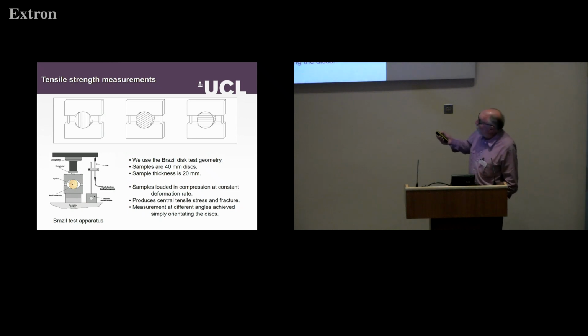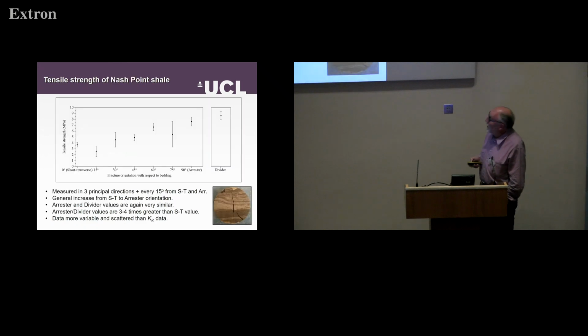We take 40 millimeter diameter discs that are 20 millimeters in thickness, and we put them between 2 curved jaws, which we then compress together, and that compression produces a tensile stress at the center of the disc, and a fracture grows outwards from the center, and simply by putting the disc in at different angles, we can measure the tensile strength as a function of angle.